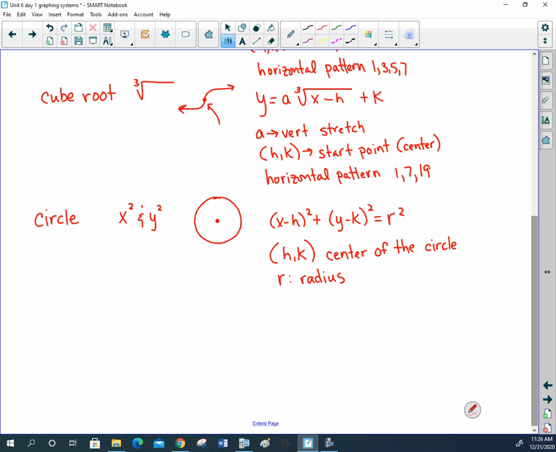So I think those are the main graphs that we've learned so far. That's a quick review of what we had besides the line. So remember your line. You could do y equals mx plus b. You could also write it as a times x minus h plus k, where a is your slope, and then HK is any point on the line.